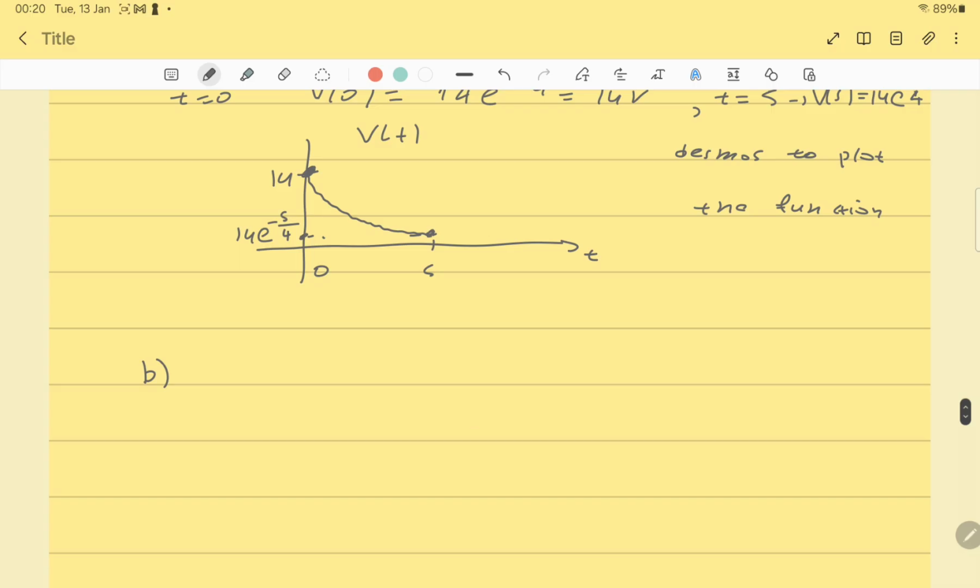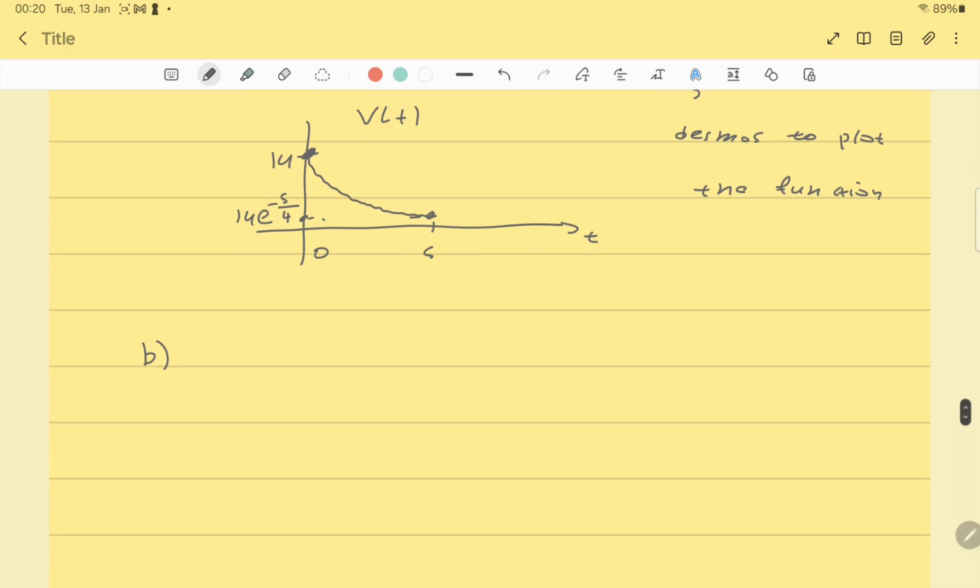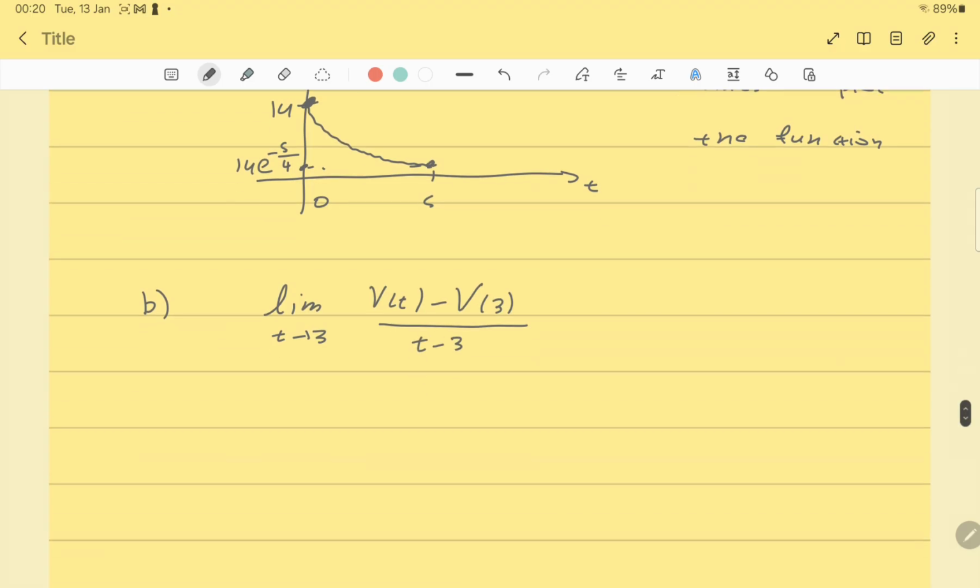Now for B, we can calculate the gradient for t equals 3 by taking a limit. I will show you how it is done. Limit as t goes to 3 of v of t minus v evaluated at 3 over t minus 3.